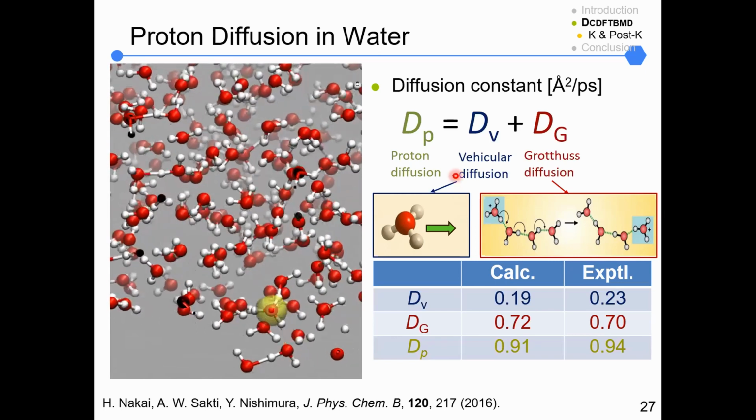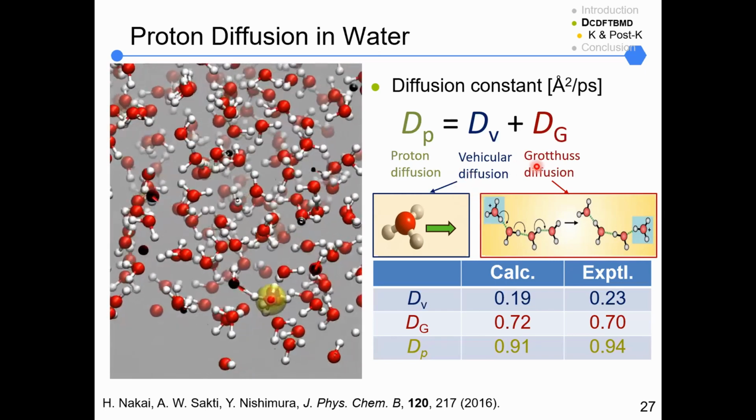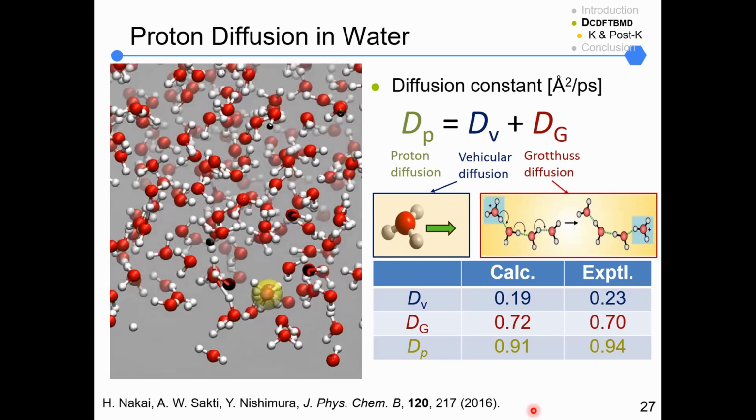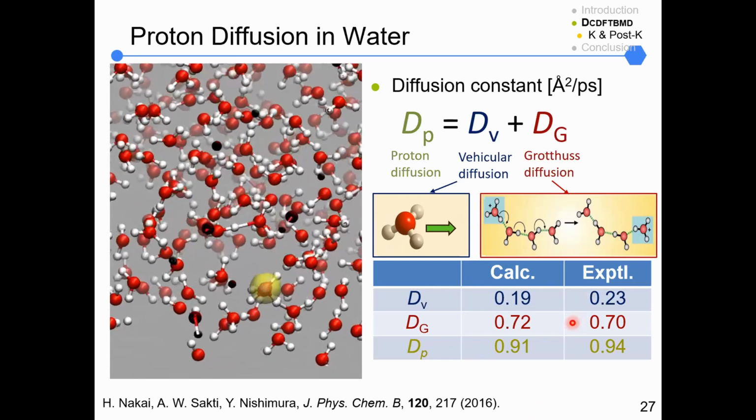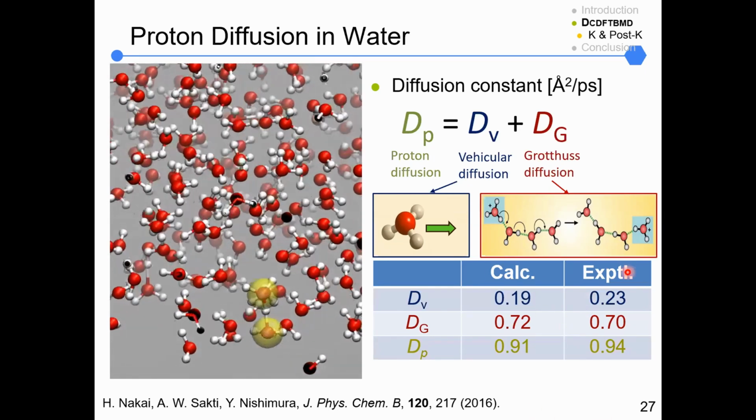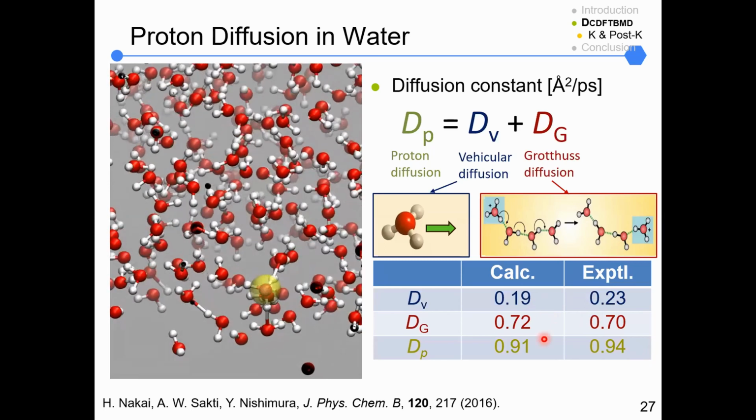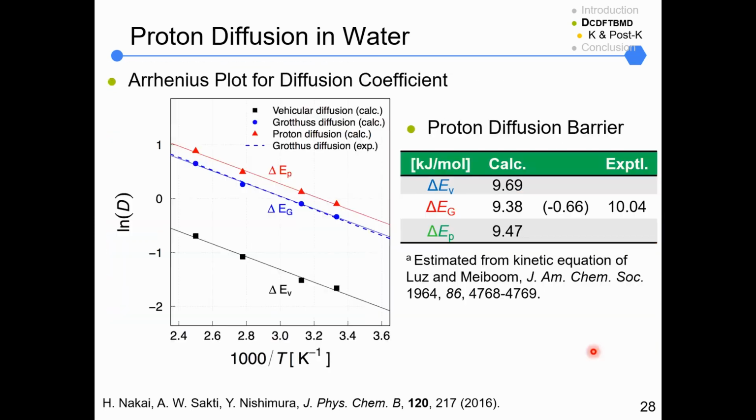Our results for both the vehicular diffusion constant and the Grotthuss diffusion constant were in good agreement with the experiment. Also, from the temperature dependence, we estimated the proton transfer barrier. Again, the obtained barrier was very reasonable.